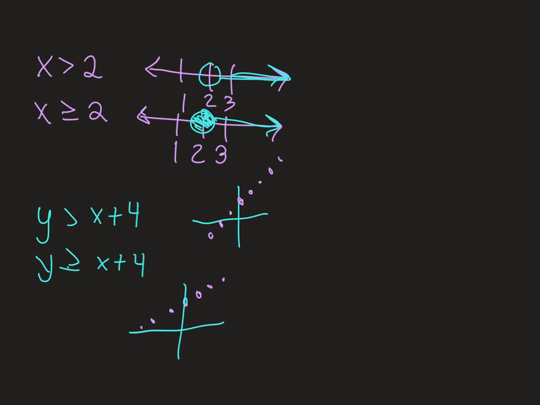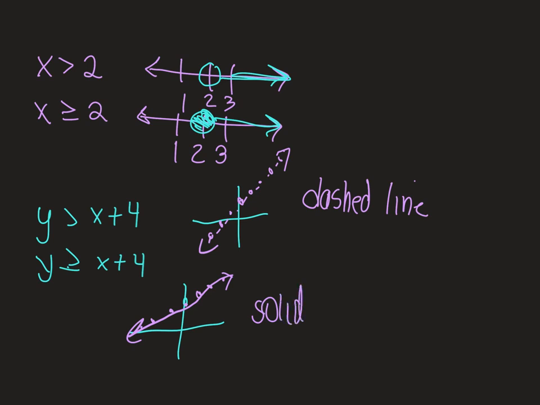So if I don't have a line, then this is dashed. If it does have a line, it does include it, so it's solid. So we call this one a dashed line, and we call this one a solid line. So it's similar to open dot and closed dot.